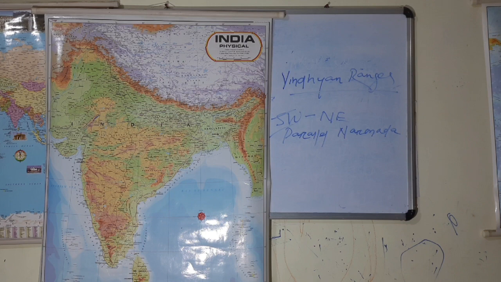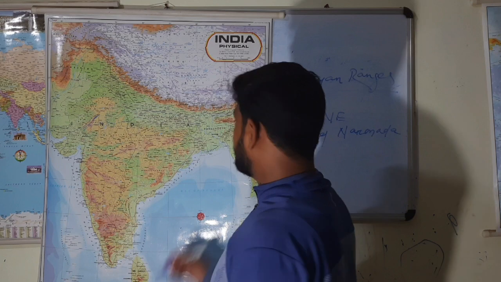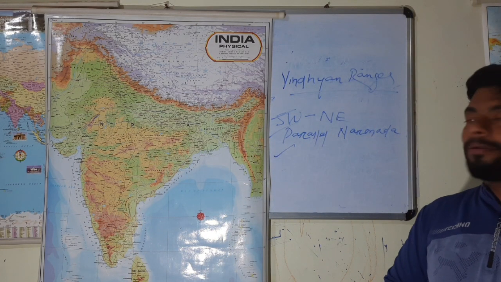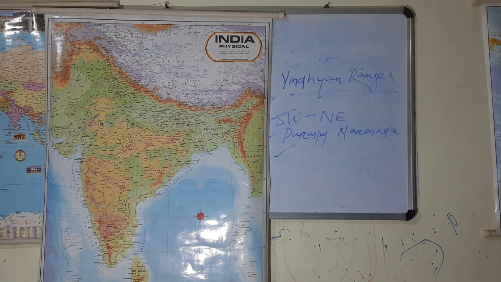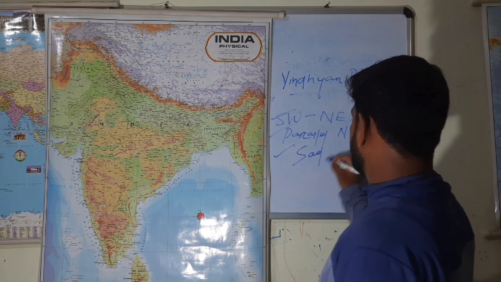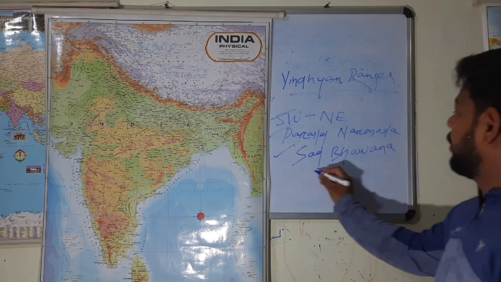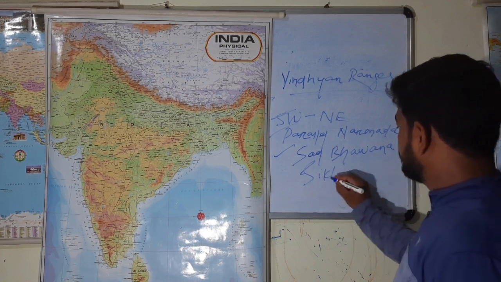Clear? And like the highest peak of the Aravalli range is Guru Shikhar, which one is the highest peak of the Vindhyan range? Anybody? The highest peak of the Vindhyan range is Sadbhavana Shikhar.